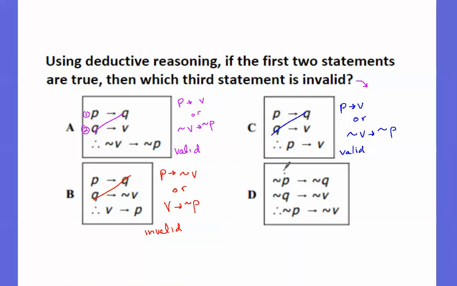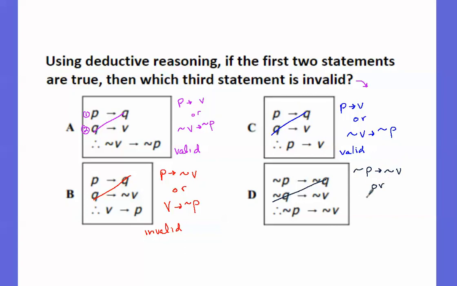Finally, not P leads to not Q. Not Q leads to not V. Again, what I can do is eliminate the middle part, and I know that not P would lead to not V. That would be my conditional statement.